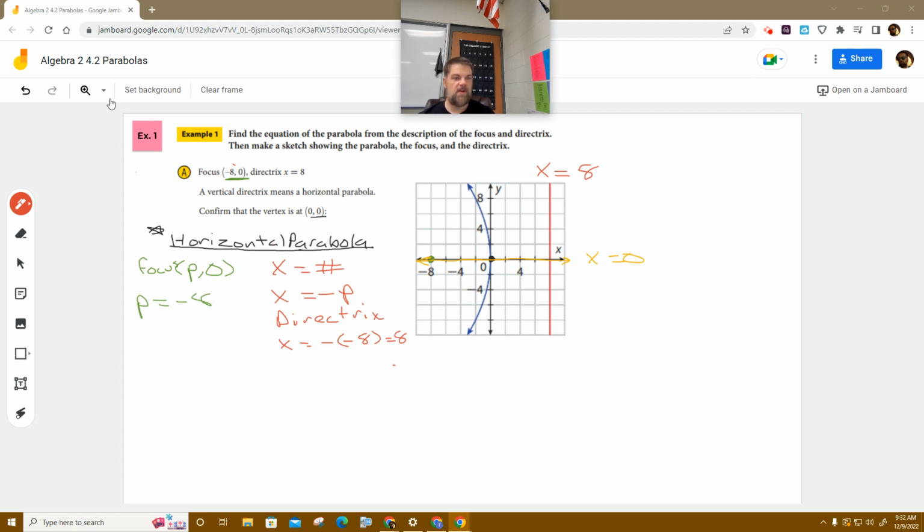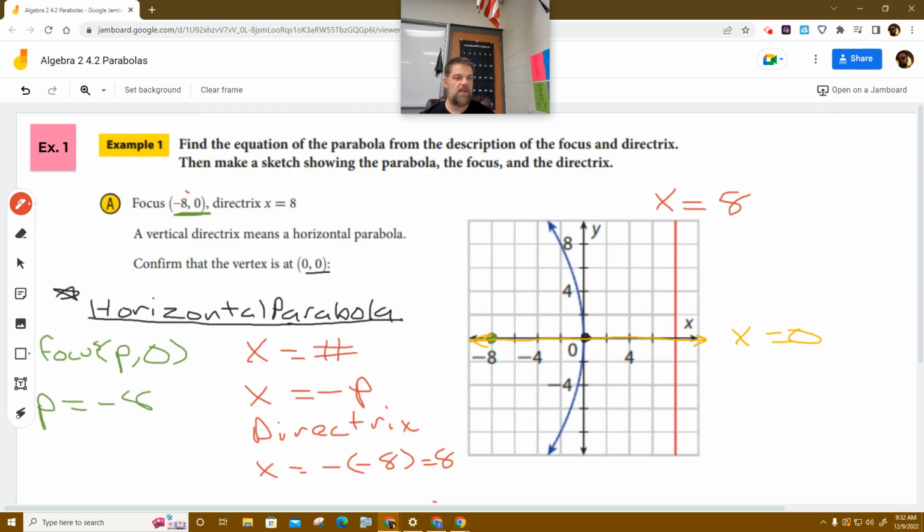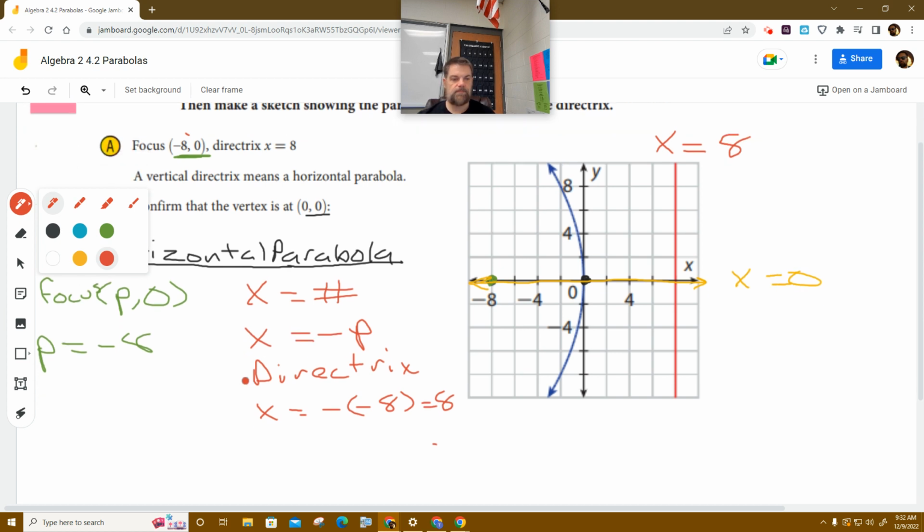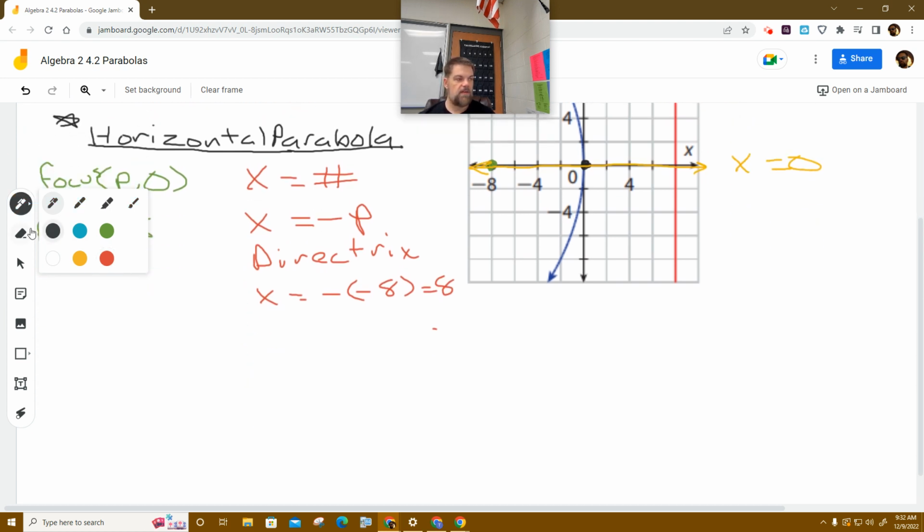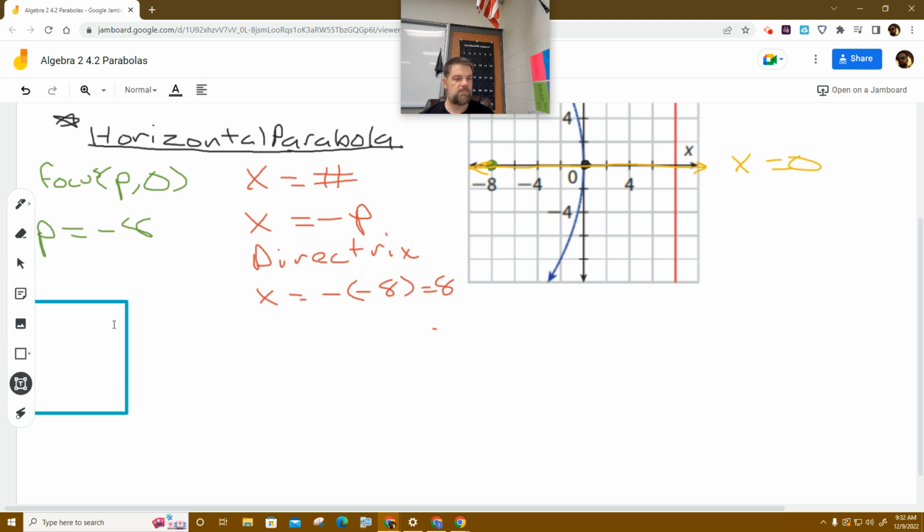I will say this, though, about the vertex. I'm typing it so you could see it better.